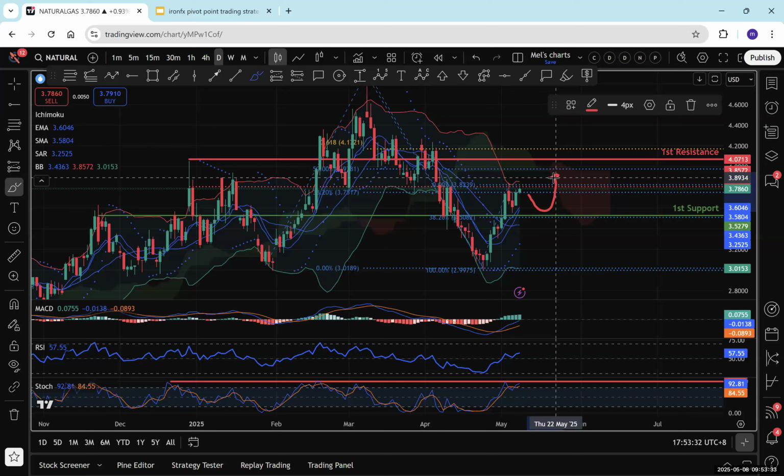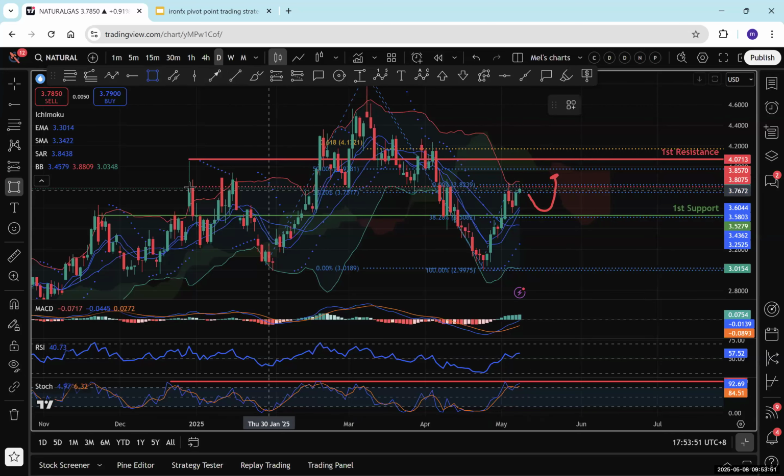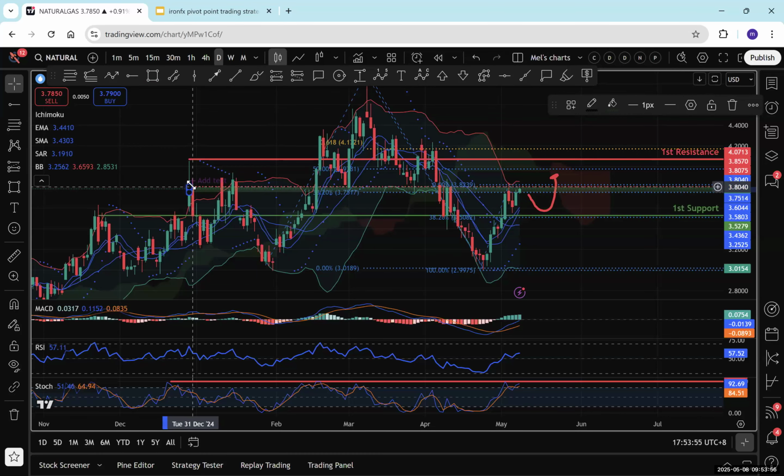I still think that prices are going to continue upwards despite this hidden resistance, because you can see all of our indicators that we've used so far give us a bullish signal, and it's quite a strong bullish signal as well. But yeah, we might see a bit of reversal in this confluence area here and this intermediate level.